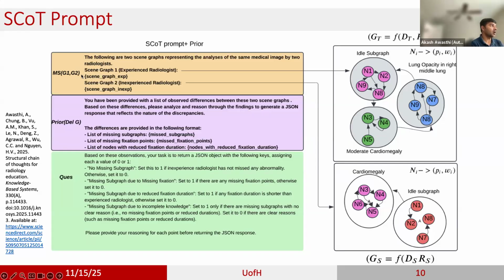In the prompt, we input these graphs as a scene graph, one for the experienced radiologist and one for the inexperienced, who is basically a student, and then we also infuse the prior which we generated.